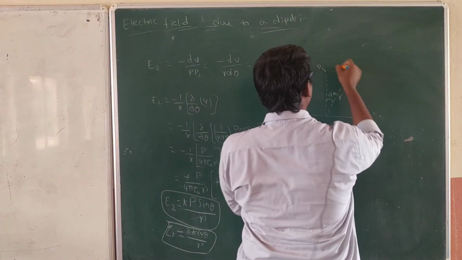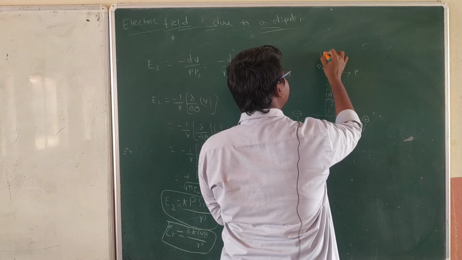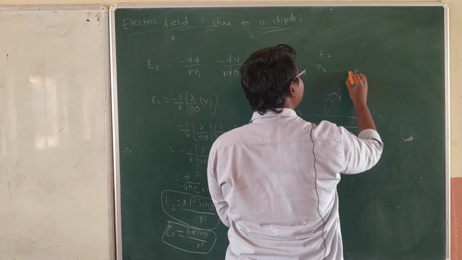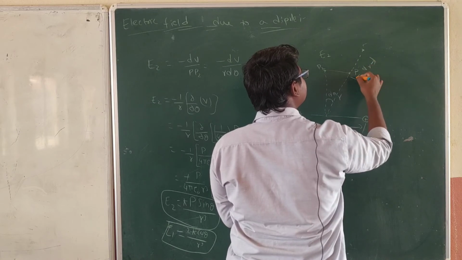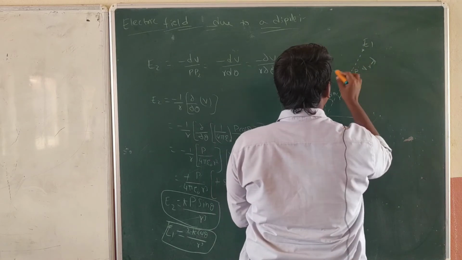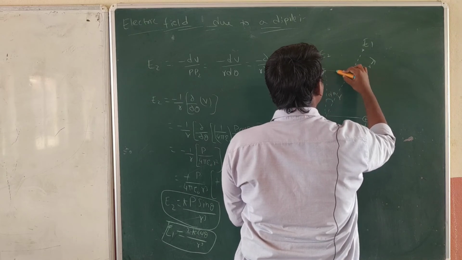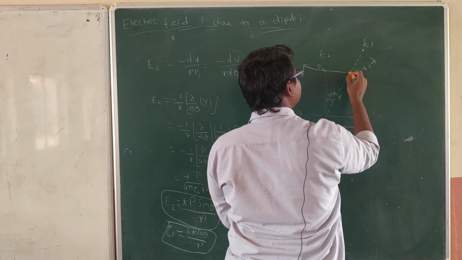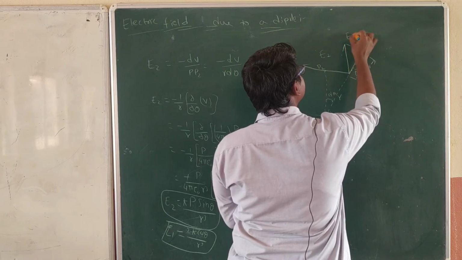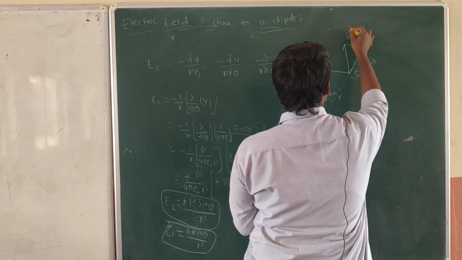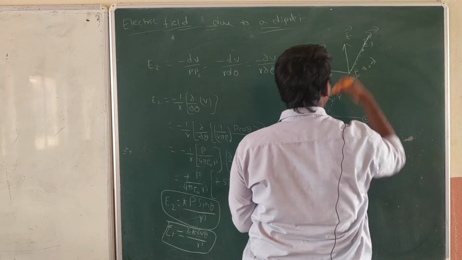As the displacement happened, we get E2 and along dr we get E1. Along this line E2, along this line E1, and the resultant of these two is E bar, with E2 bar, E1 bar.